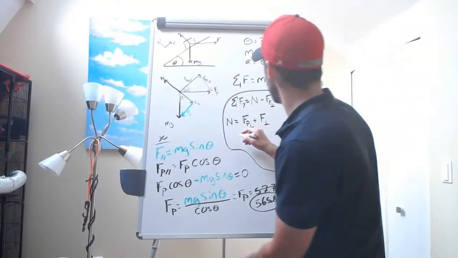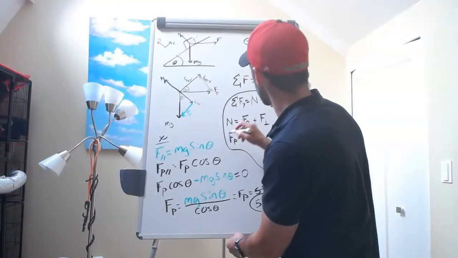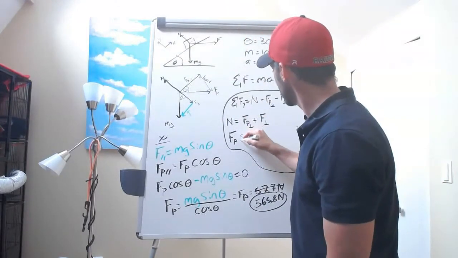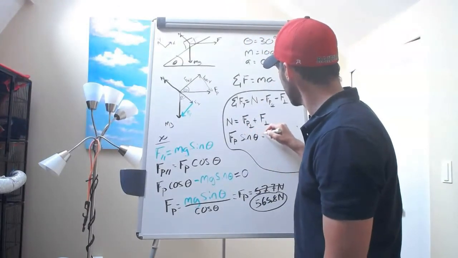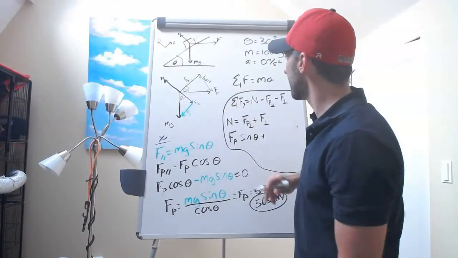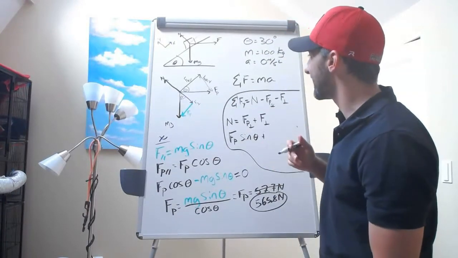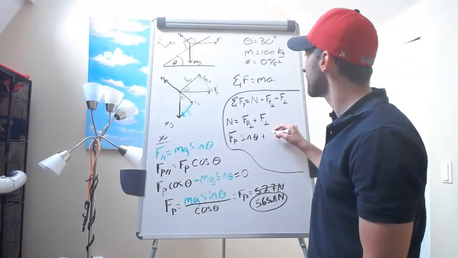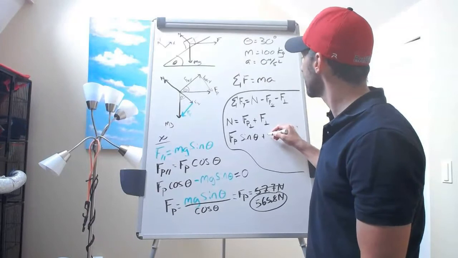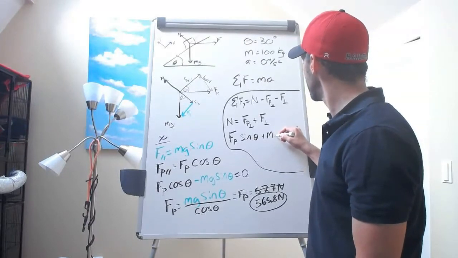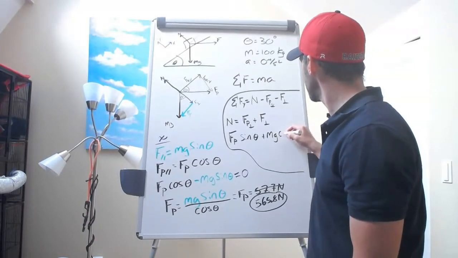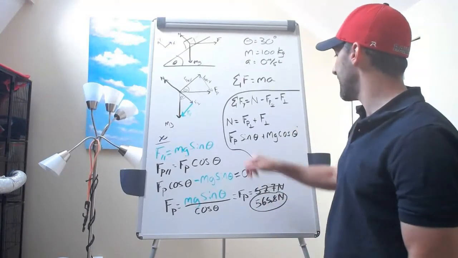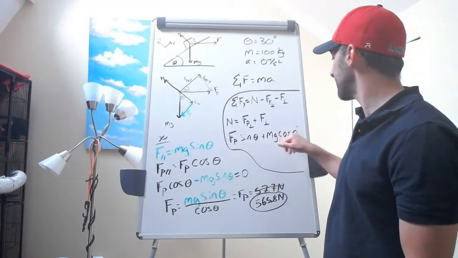This is going to be F push, which I just figured out, sine theta, plus that guy, F perpendicular, which is mg cosine theta.